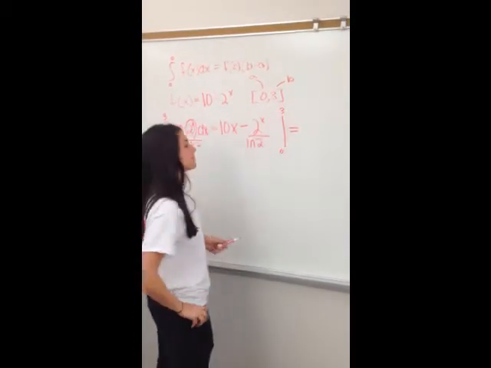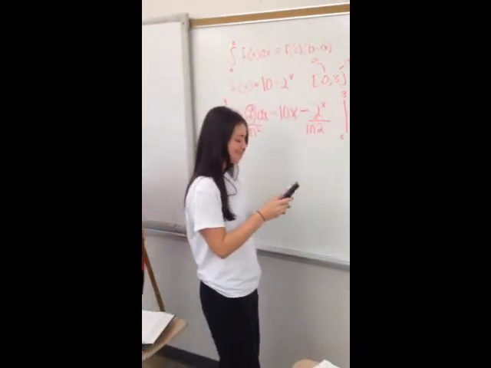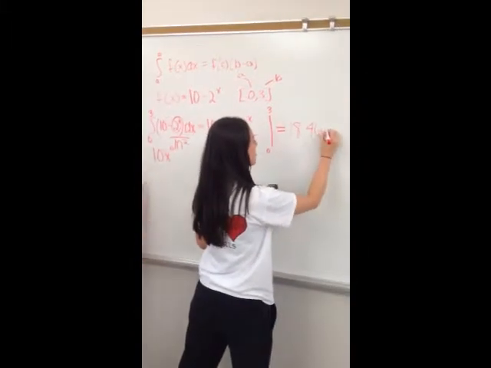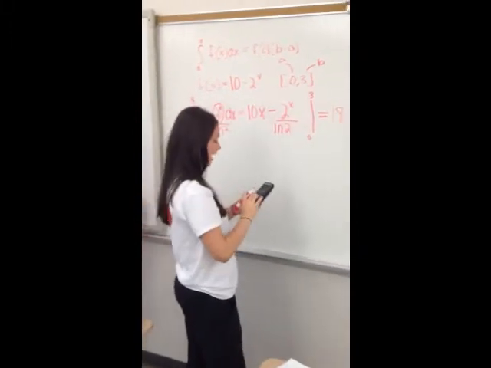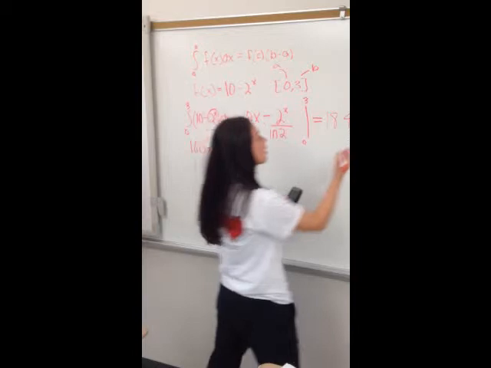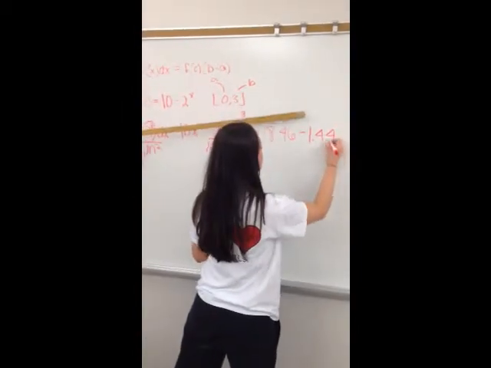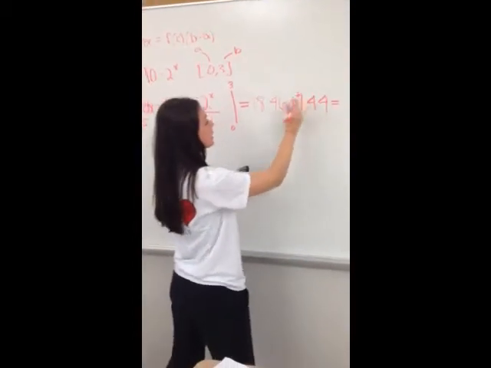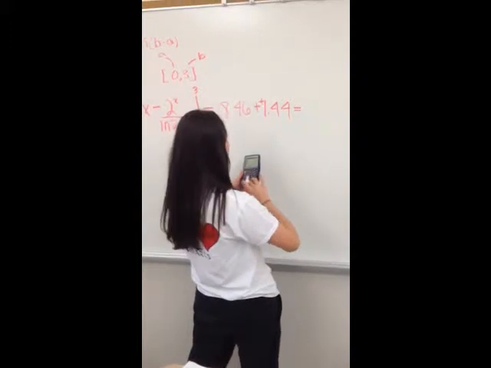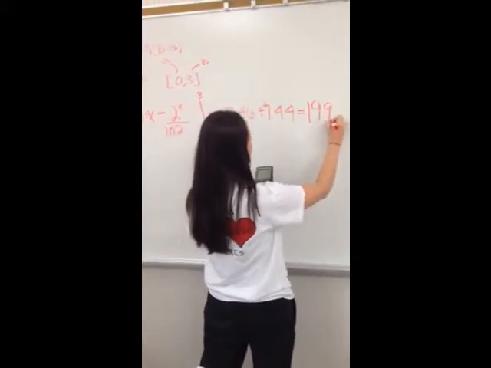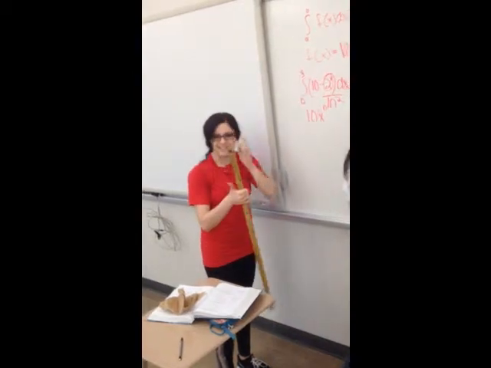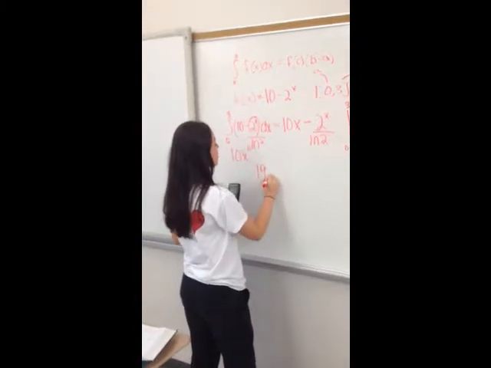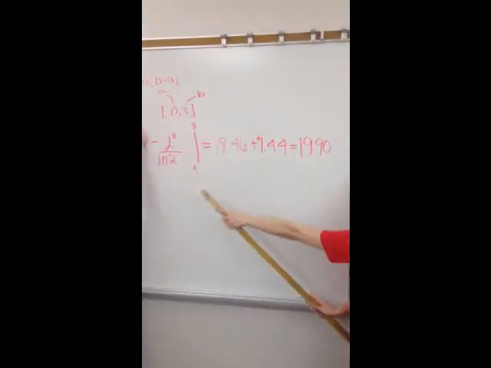And you get, out my calculator, 18.46 minus, when you plug in 0, you get 1.44, or negative 1.44. Now, since you're subtracting a negative, these just turn into positives, and you get 19.90. So now this is the integral of f of x. So on the left side, we have 19.90 equals f of c.